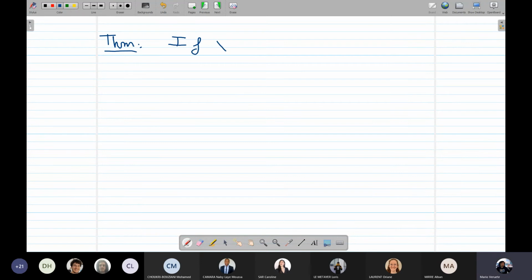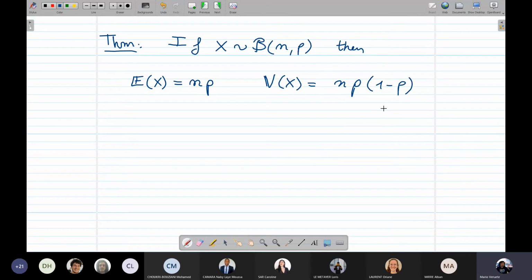If X is a binomial with parameters N, P, then the expectation of X is just N times P, and the variance of X is N times P times 1 minus P. You can remember this easily because the expectation and variance for a Bernoulli distribution are P and P times 1 minus P. So if you want to pass to the binomial one, you multiply by N.